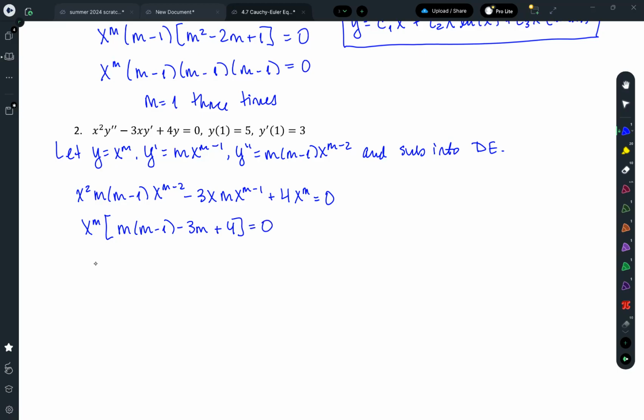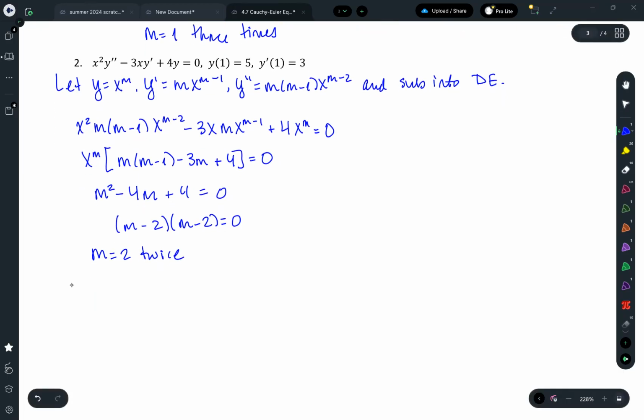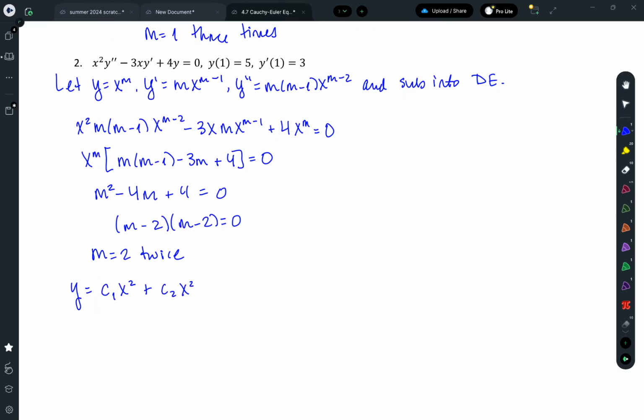Our auxiliary equation is m squared minus m minus 3m, that's a minus 4m plus 4, and that's 0. And this factors to be m minus 2 times m minus 2 is 0. So we get m is 2 twice. And that means our general solution, y, is equal to c1 x squared plus c2 x squared, but that repeat means we need to put in an ln of x multiplier.